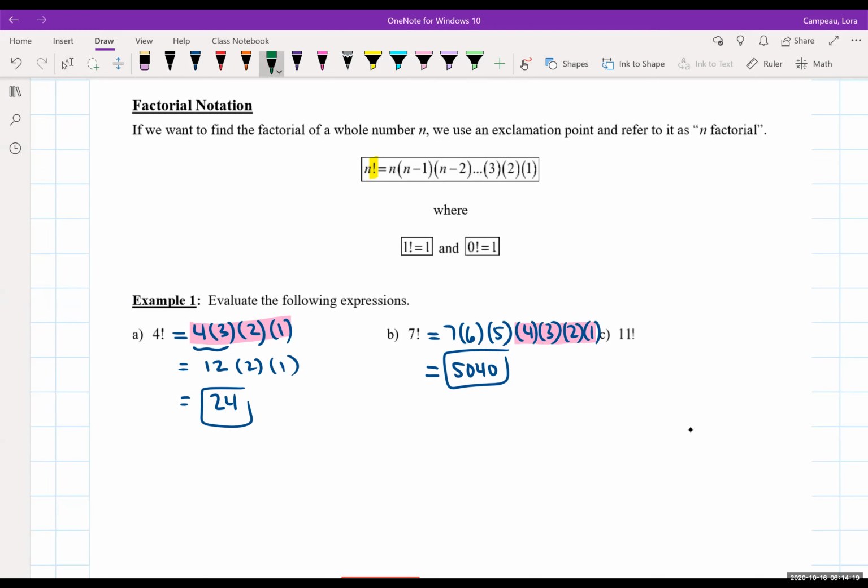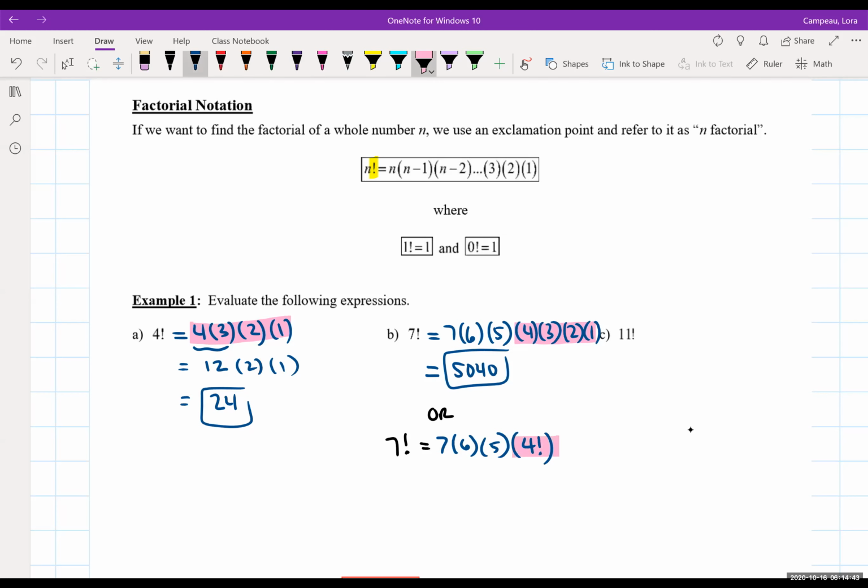So another way, if we're looking at 7 factorial, you could start off by knocking off the higher factors, 7 times 6 times 5, but then realize that you are multiplying by 4 factorial if you already know the value of it.